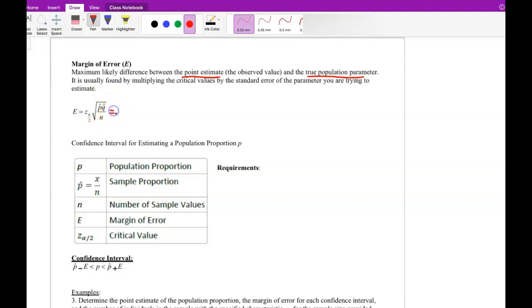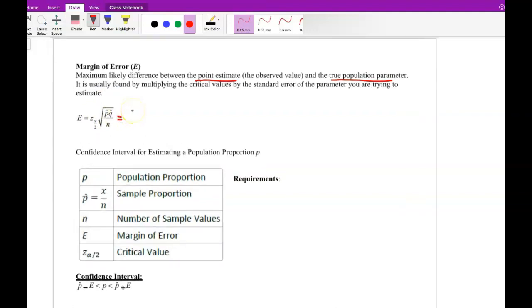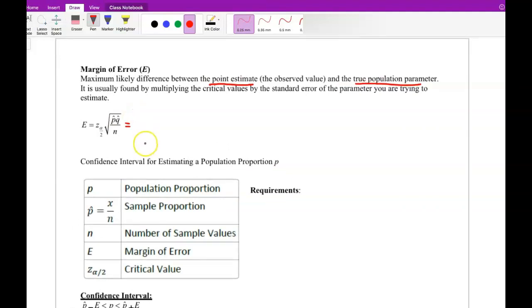We can also write this as times, we have p hat instead of q, 1 minus p hat. So if in case you didn't have q hat, you can use this one to find q hat. Then divided by n.